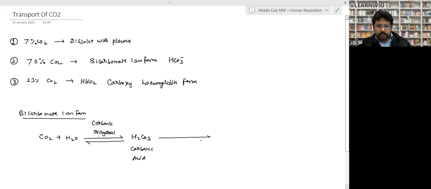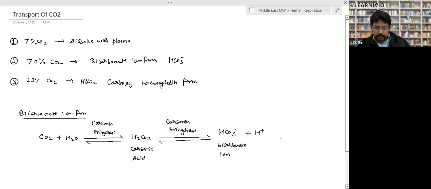Again, in the presence of the same enzyme carbonic anhydrase, this is actually a reversible reaction, it breaks down into HCO3 minus, that is bicarbonate ion, plus hydrogen, right?